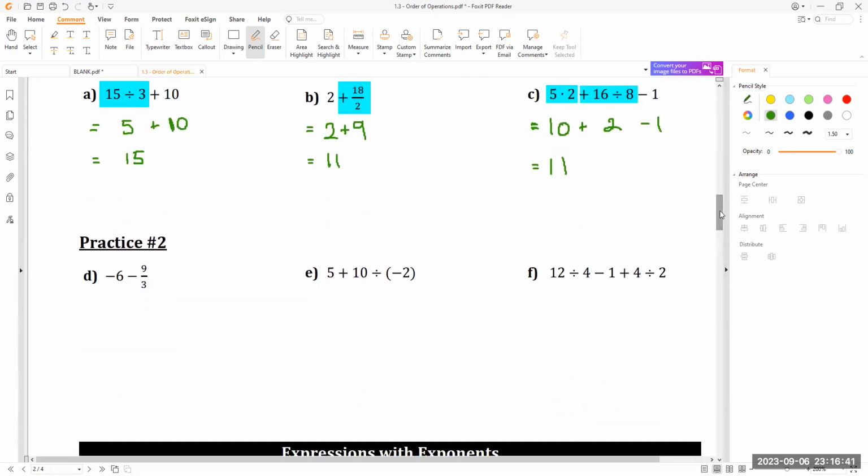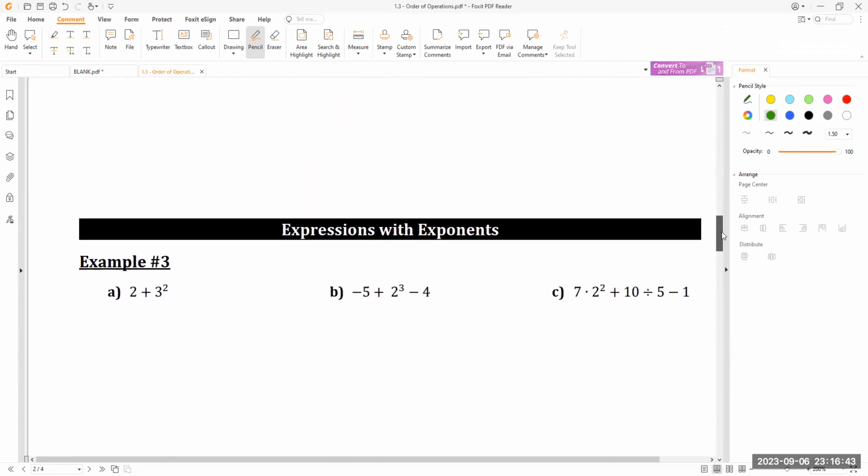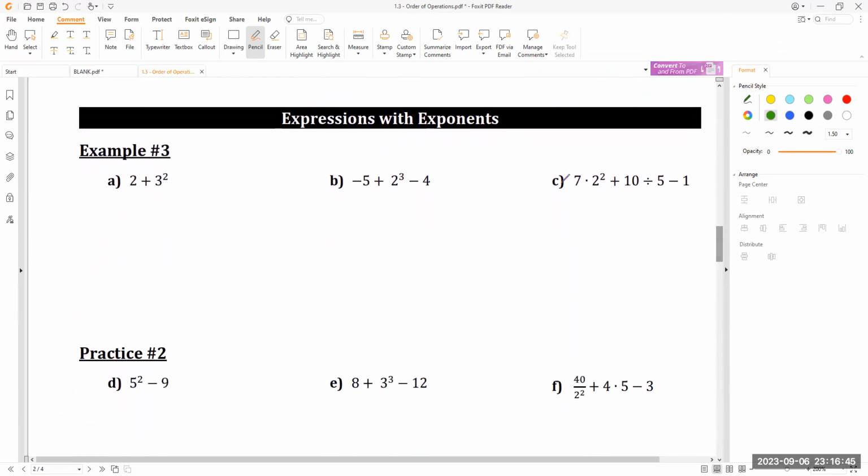All right, moving on. Expressions with exponents. Remember, based on BEDMAS, this must come before multiplication or division. Here we go. 2 plus an exponent. Once again, this takes precedence.